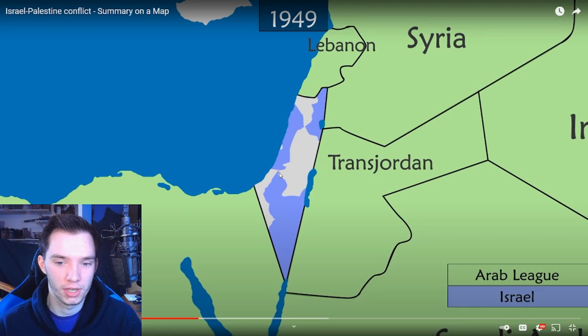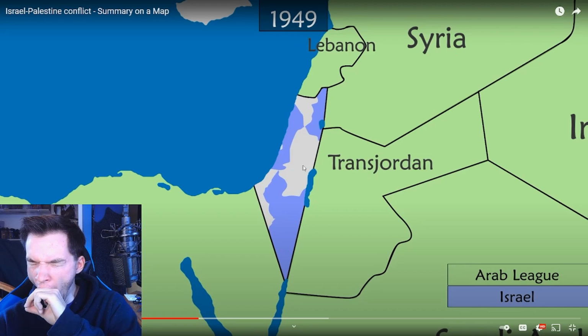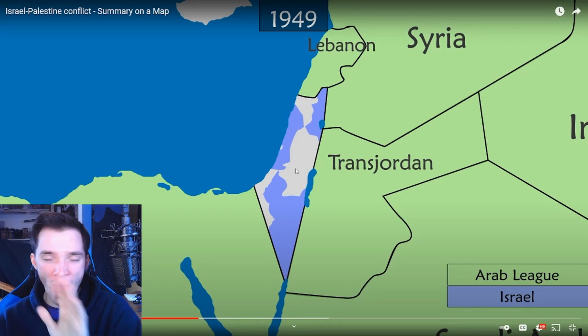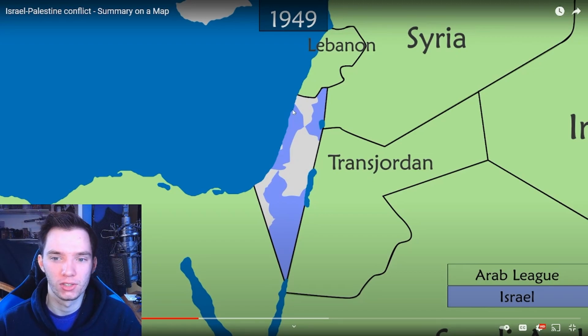Are the borders made here, of course, Israel is the blue, Arab Palestinians are the white. But are the zones first cut out for Israel in the beginning historically Jewish dominated regions?